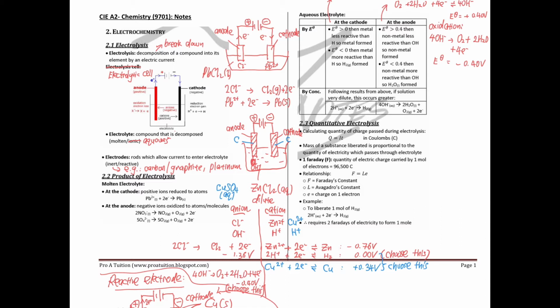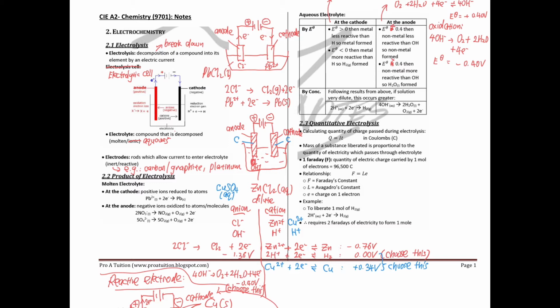I need to change a little bit because this statement has something wrong, so I have to change it this way. So let's take a look again. If E theta is less than 0.4 before you swap, I don't want to look at this first. I look at this.